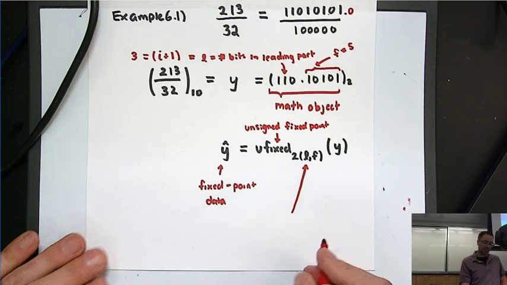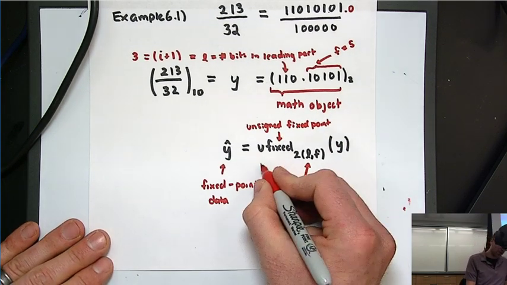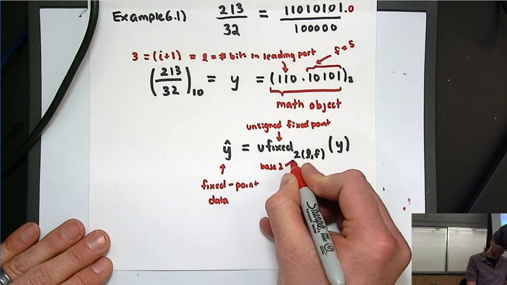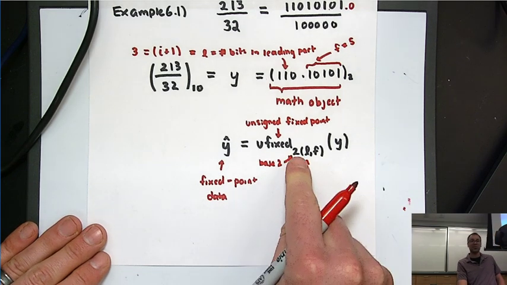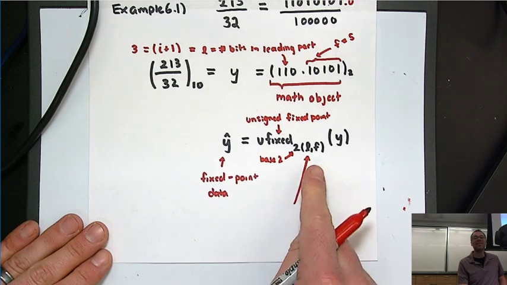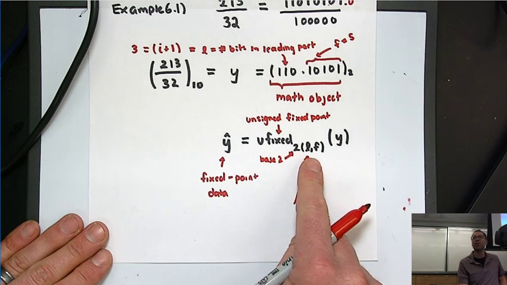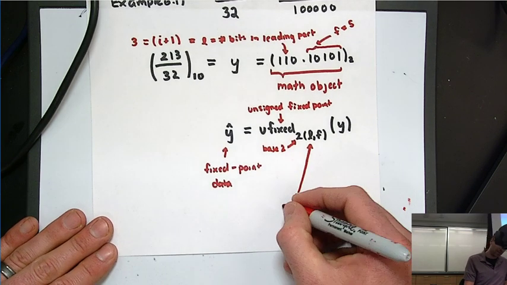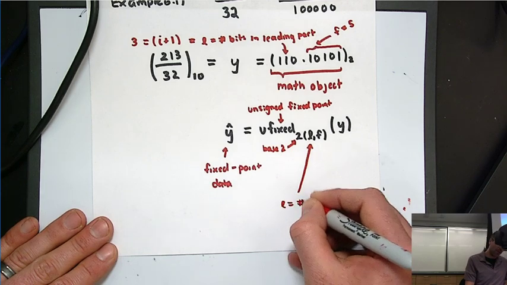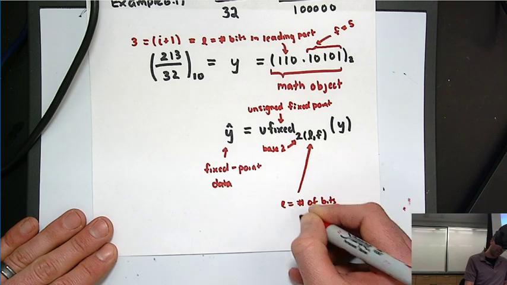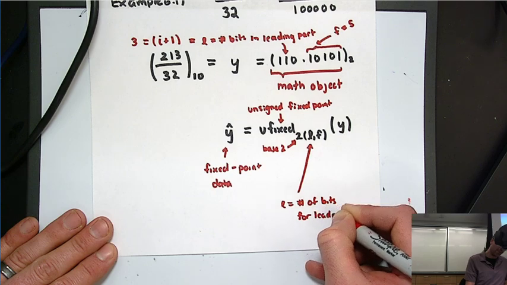What base is it in? How did you know it was in base 2? Because the base was written right there. How many bits are dedicated to the leading part? L equals number of bits for leading part.